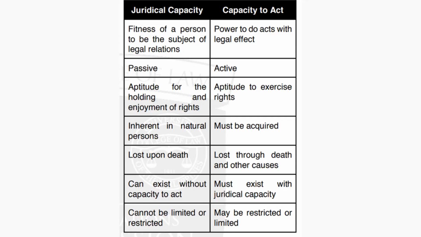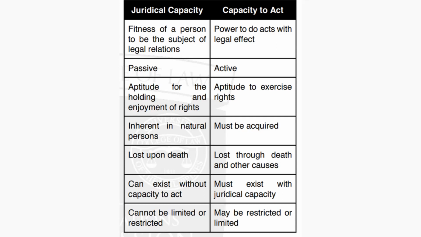Juridical capacity is passive, while capacity to act is active. Juridical capacity is the aptitude for the holding and enjoyment of rights, while the aptitude to exercise rights refers to the capacity to act. And the capacity to act must be acquired.